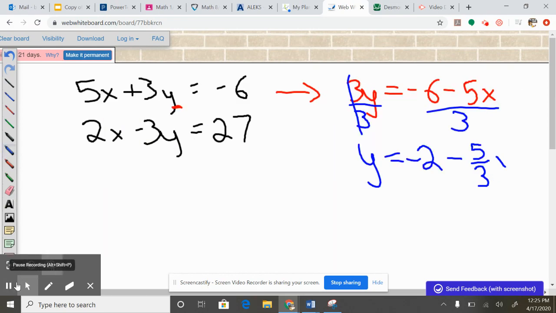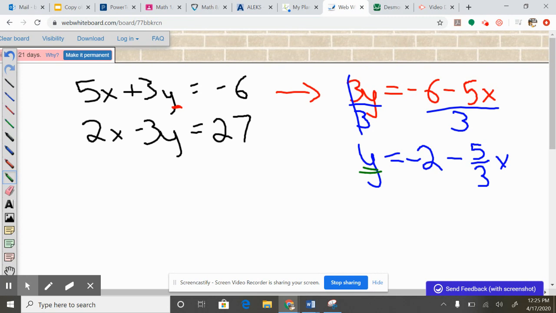Whoa. Now, this isn't very nice. It's almost in slope-intercept form. If you do want to put it in slope-intercept form, you can. But like I said, you don't have to do slope-intercept form for the substitution method. But the nice thing here is I do have y all alone.